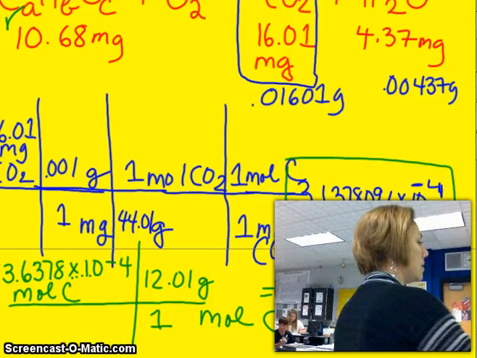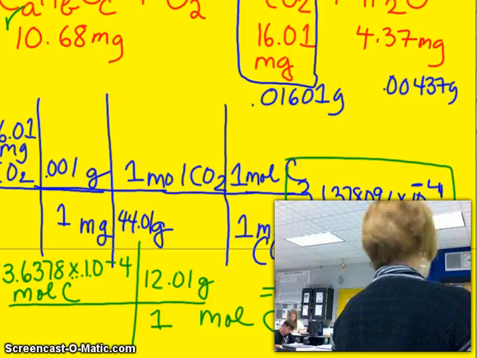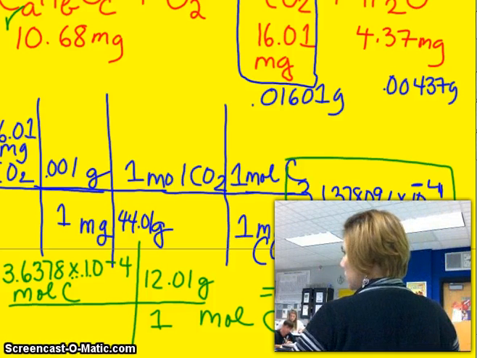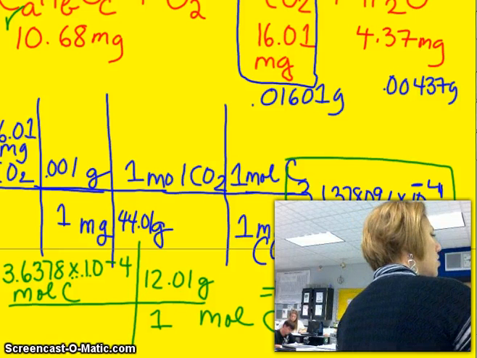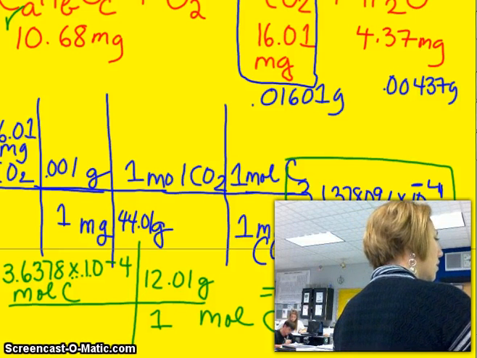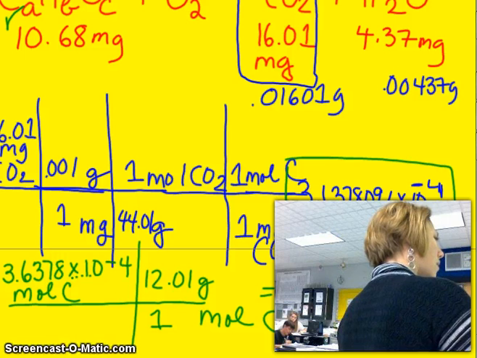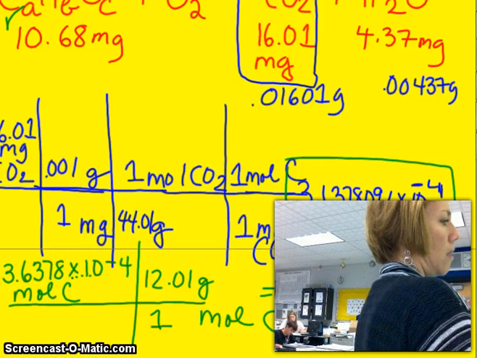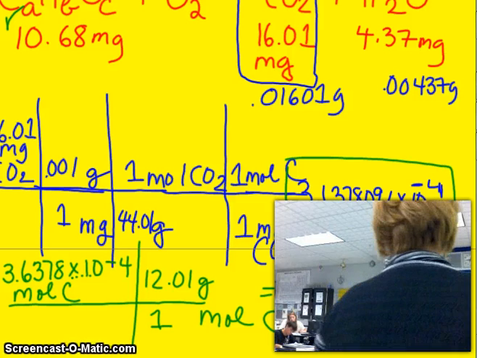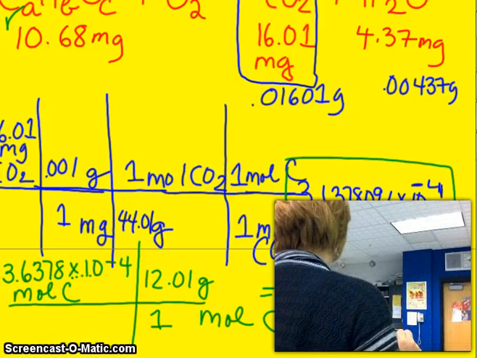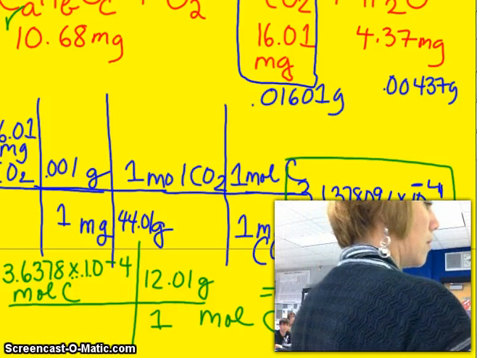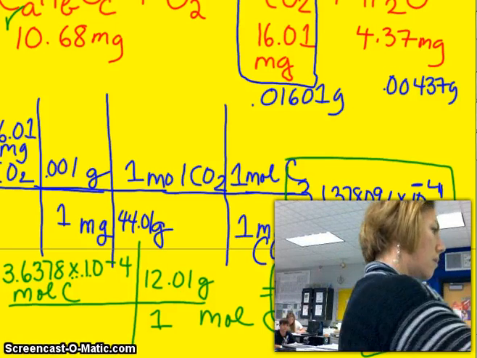Oh, okay, he put it in scientific notation. So it is what you got. You got the same thing. He just gave it to me in scientific notation. So what was it, Bryce? 4.369093 times 10 to the negative third. Is it negative or not negative? It should be negative. Okay, right?